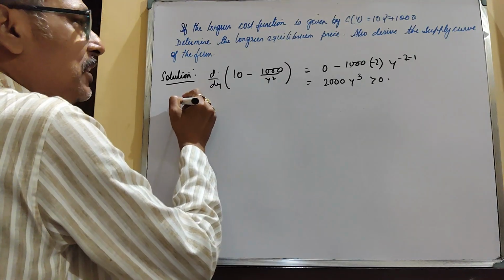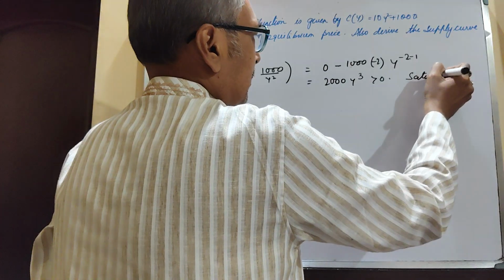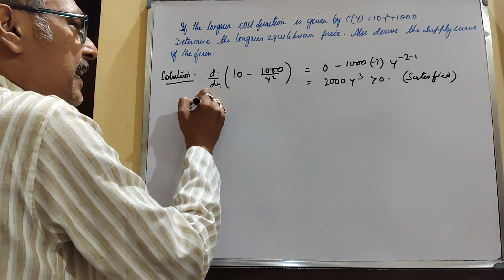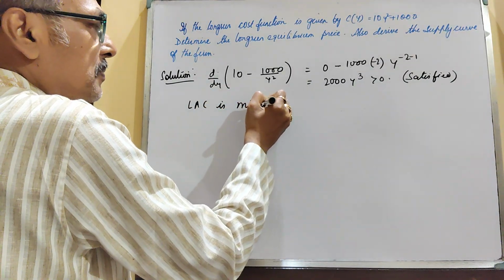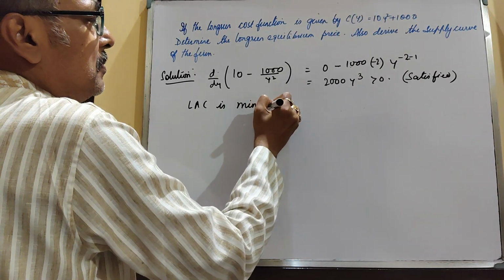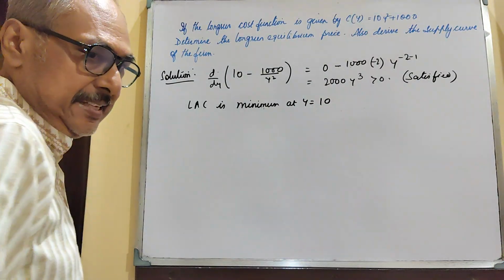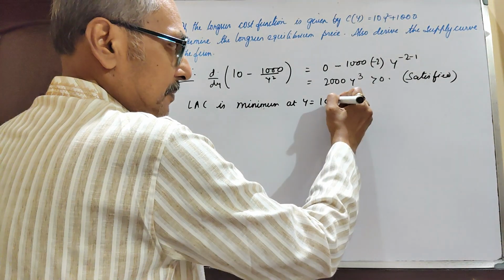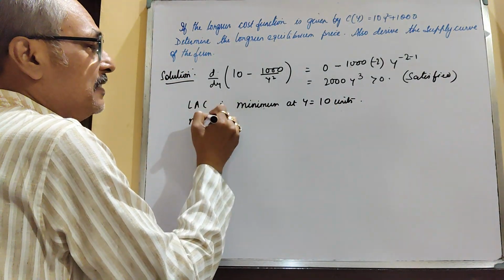Therefore, the second order condition is satisfied. Now, LAC is minimum at y equals 10 units. Now we find the minimum value of LAC.